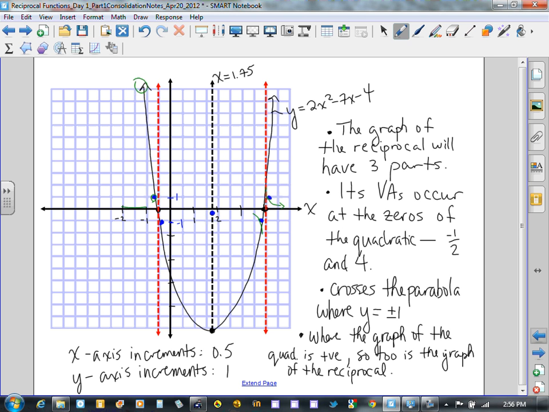So the y values start very small, and as we approach the point of intersection, the vertical asymptote, we're going to see those values increasing. And then they're going to increase indefinitely along the vertical asymptote, always getting closer and closer to it, but never touching it.